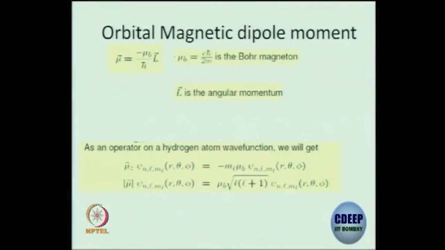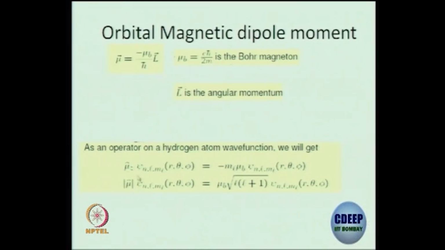Suppose I take the Z component of this magnetic dipole moment operator and act on this wave function. It will be an eigenstate or not an eigenstate? Going to be an eigenstate, h cross cancels, and you have a minus ml mu B.